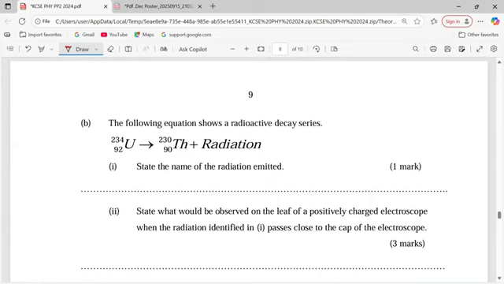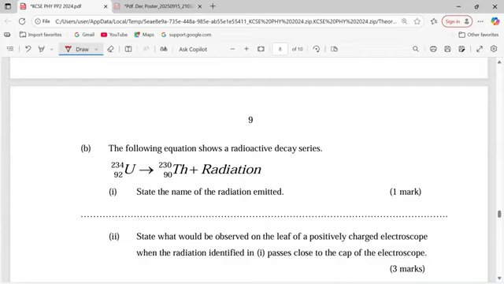So after the decay has occurred, the mass number and the atomic number before and after the radiation are supposed to be equal. Therefore, uranium 234, 92, equals 230 thorium, this is 90, plus unknown radiation.